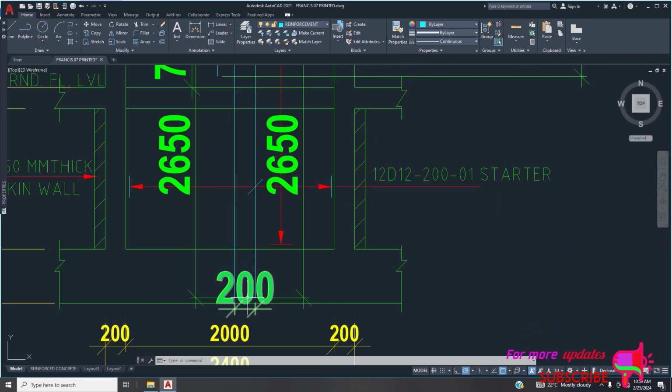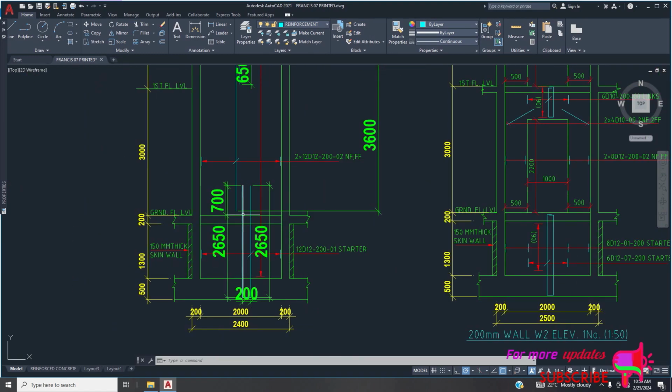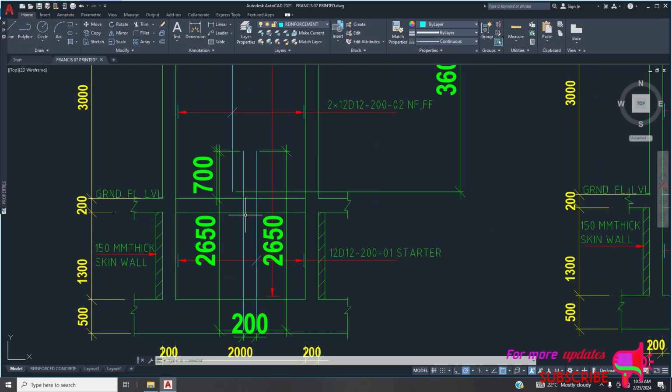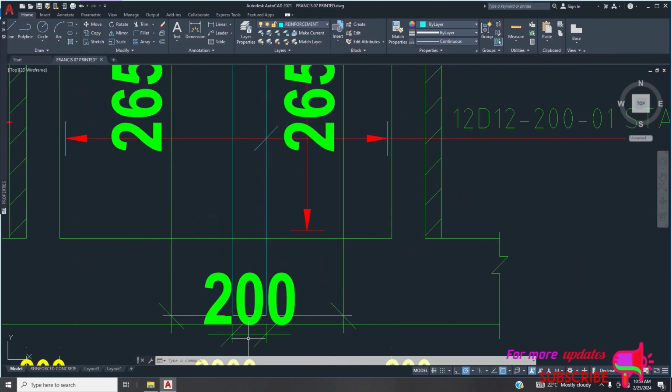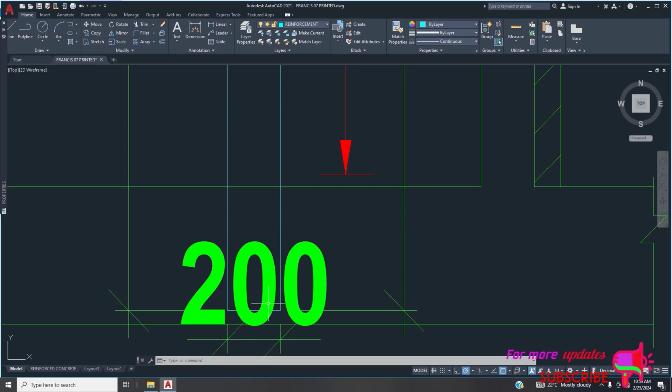Our starter will be having a bend like this. It is having a return, but the same size as the bar, and you can see it is having a length of 2650, and you can see a hook of 200.